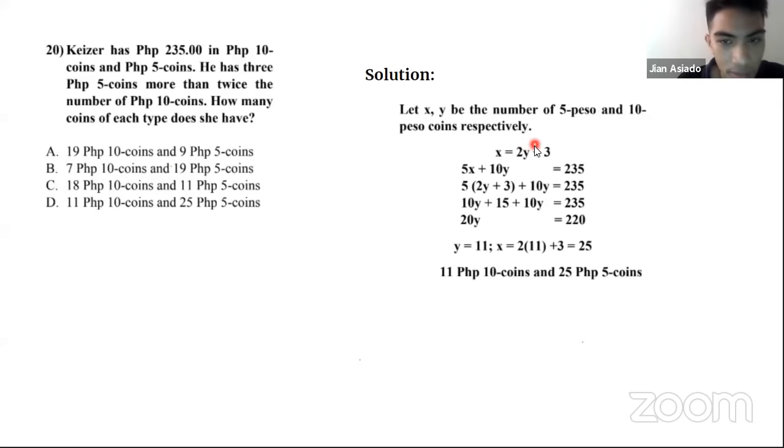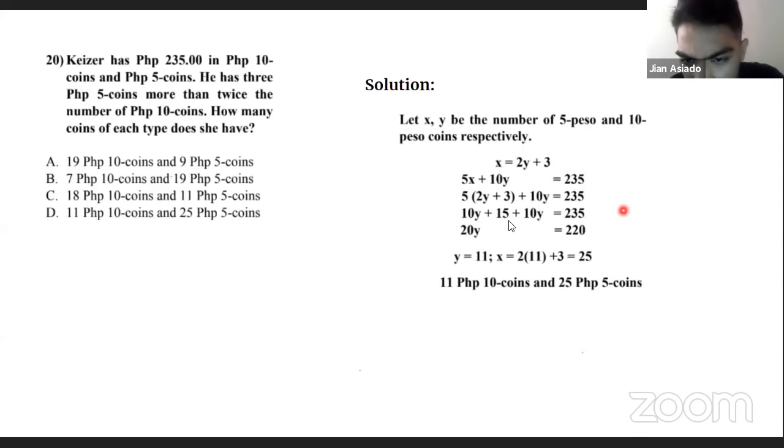And then twice, 3 more than twice daw, no? So, it's 2y plus 3, no? Than the 5 pesos. Okay. And then, than the 10 pesos pala. And then, now we have, simplify lang, no?